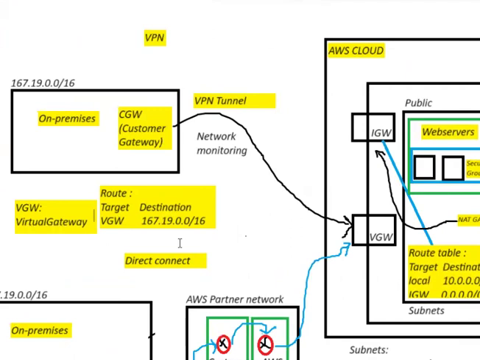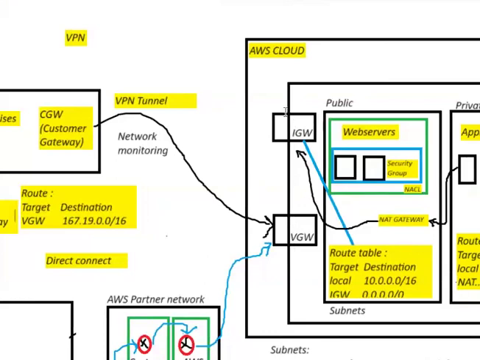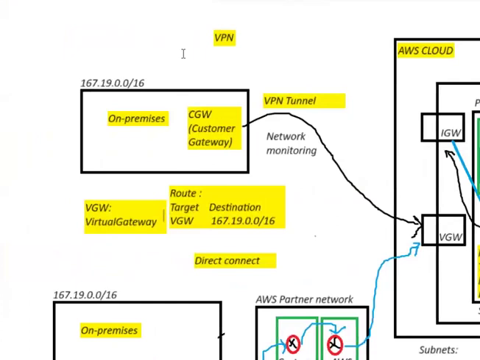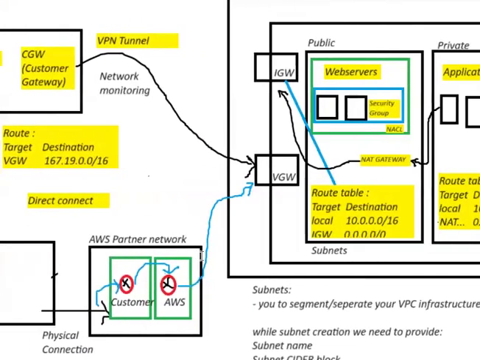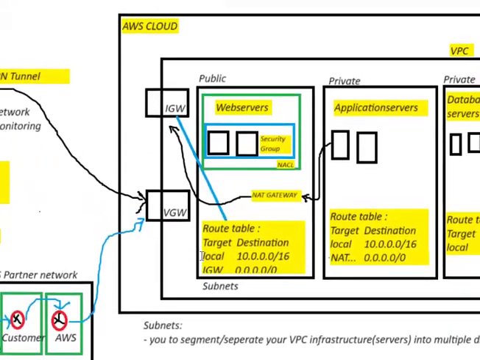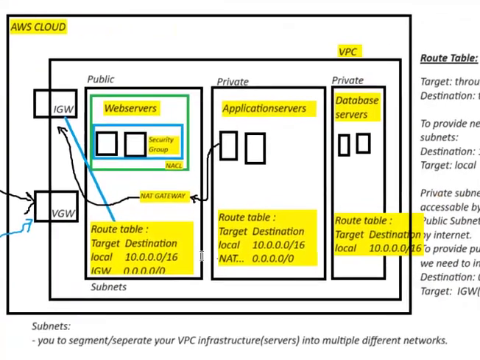So instead of using an internet gateway or NAT gateway or VPN or Direct Connect to provide communication, we are now using what? VPC endpoints. What are they? By using these VPC endpoints, we are now providing communication between AWS resources.